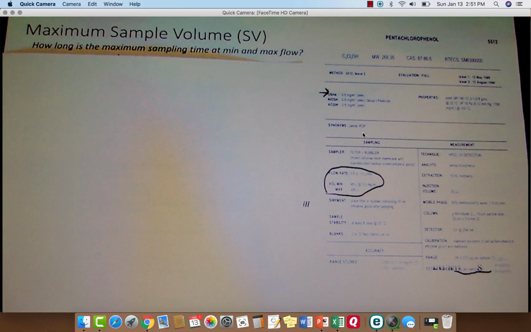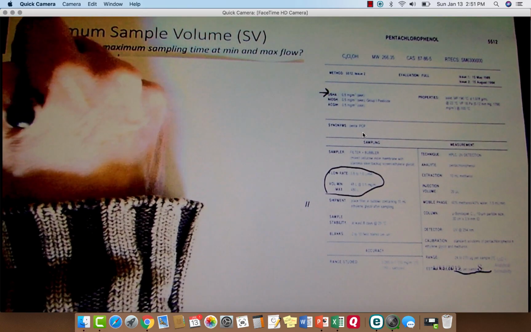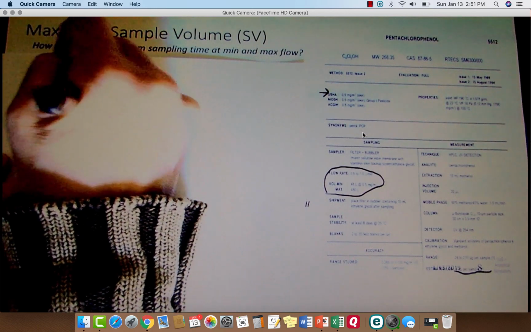So let's do another example where we take a look at our maximum sample volume. In this example, our maximum sample volume is 480 liters.